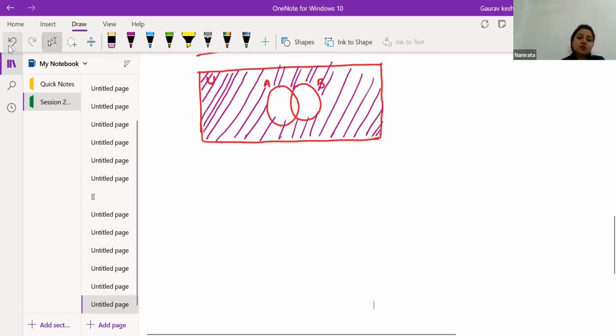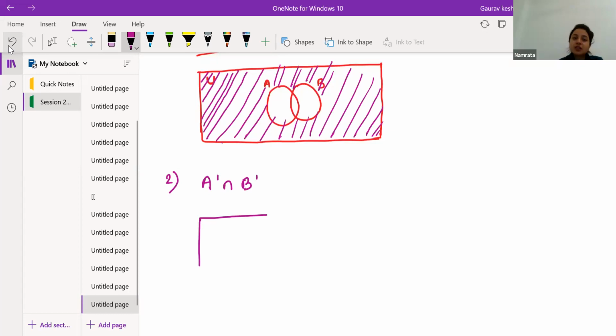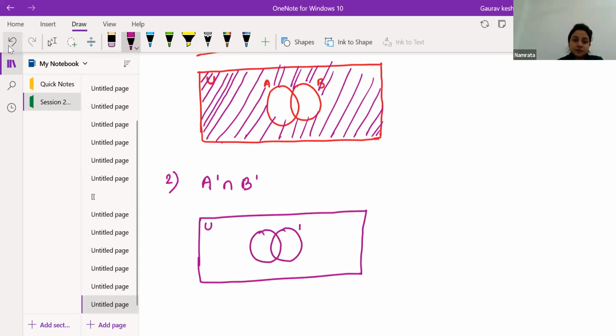Now, if we have to show A complement intersection B complement, same way we will start with the diagram, the Venn diagram, that is universal set. Set A is there, set B is there. Now we will understand what exactly we have to draw here.